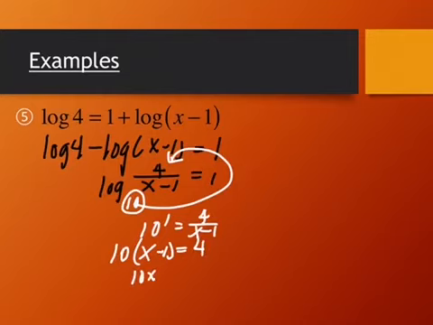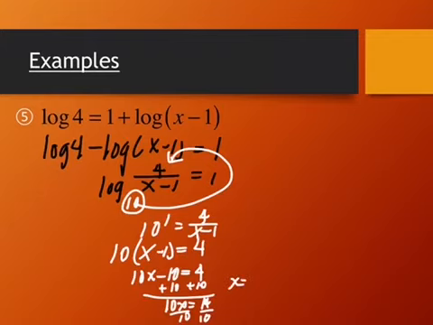This is 10x minus 10 equals 4. We can add our 10 to the other side. Yeah, that's definitely a good plan. And then I have 10x equals 14. And divide by 10, we actually get that x equals 14 over 10. And then that will reduce to 7 over 5.